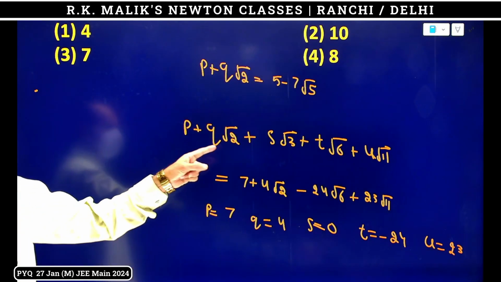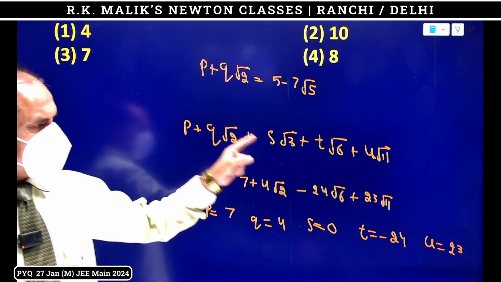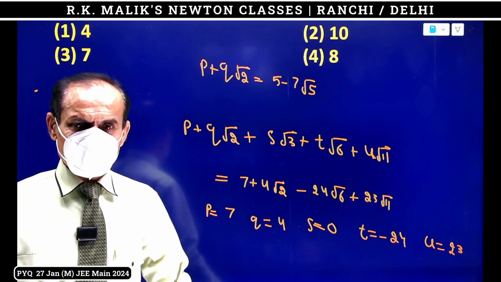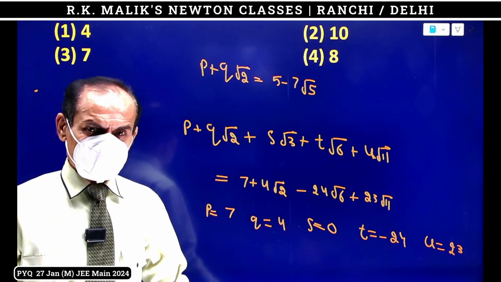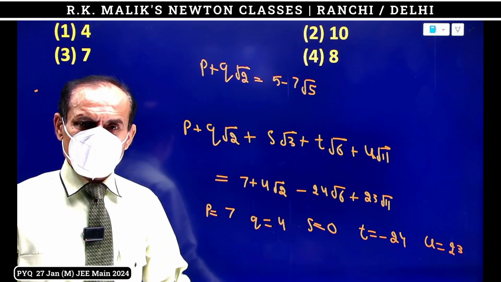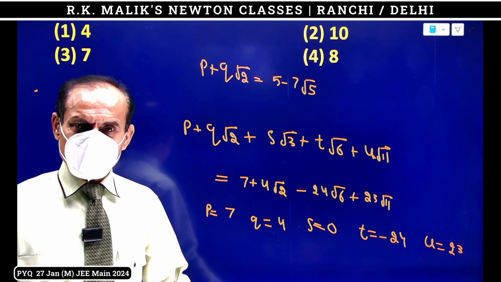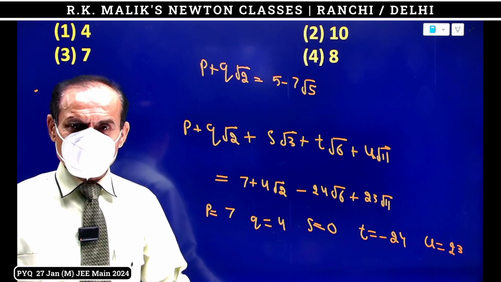That is, comparing coefficients is allowed if all the five p, q, s, t, u are rational numbers given to you. लेकिन एक कंडीशन और भी है, जो irrational number हैं, they should be of all different types of irrational numbers. What is the meaning of same type of irrational number and different type of irrational number?